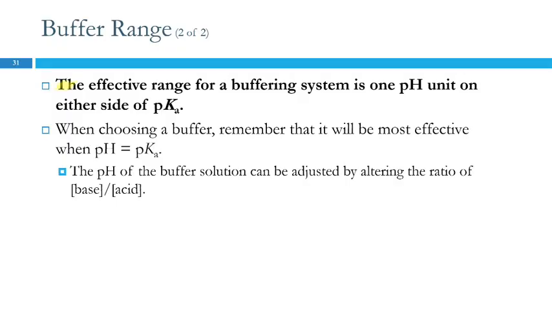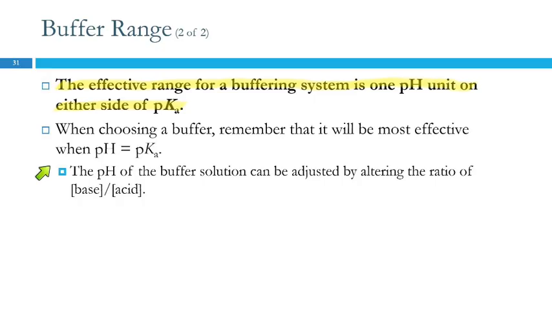So the effective range for a buffering system is 1 pH unit on either side of whatever the pKa is. If you need a buffer of a certain pH, there are different weak acids and weak bases that you can choose from to make that buffer.